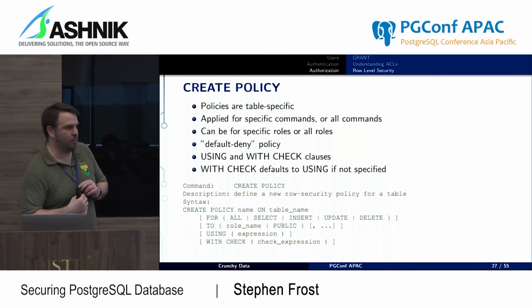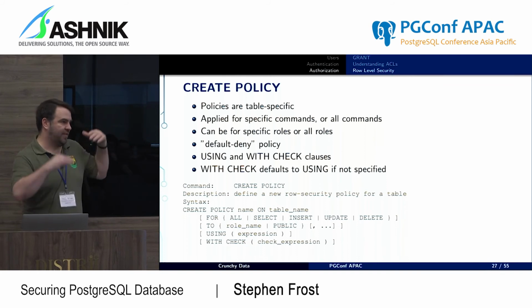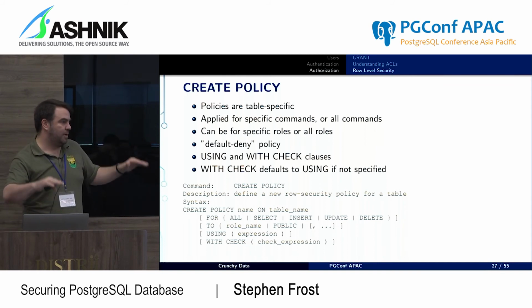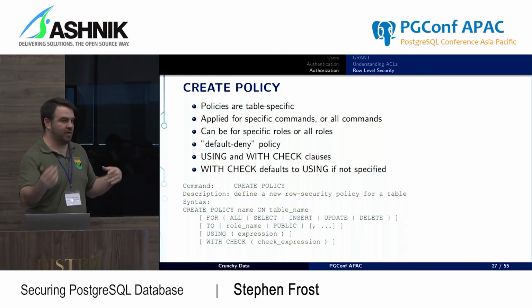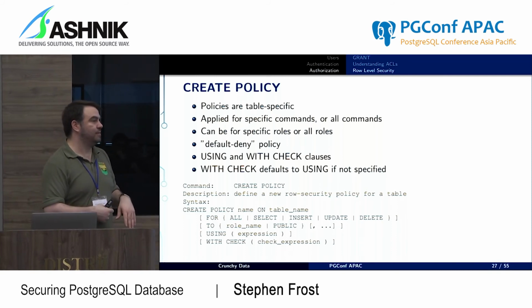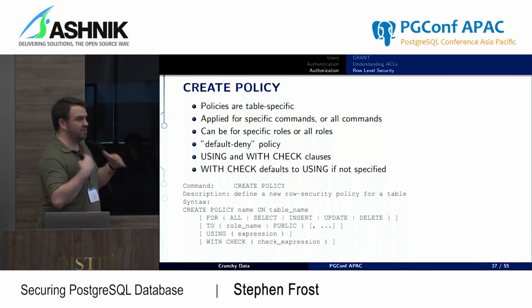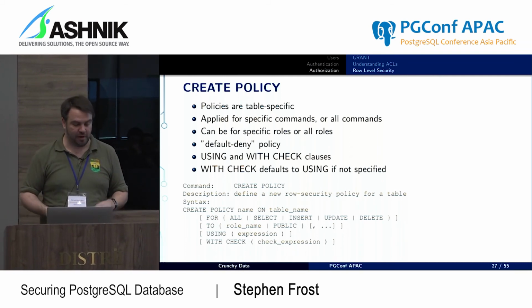It means you can set things such that people can see certain rows, but if they try to update them and change one of the values in one of the columns to an inappropriate value, they'll get an error back, right? So it allows for much more granularity when it comes to building security into the database itself.